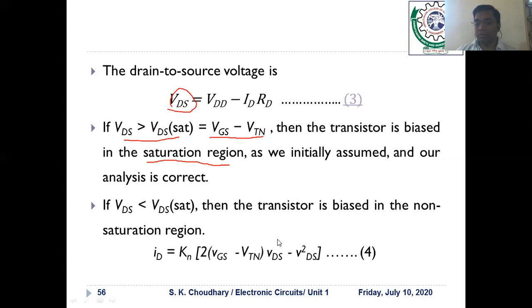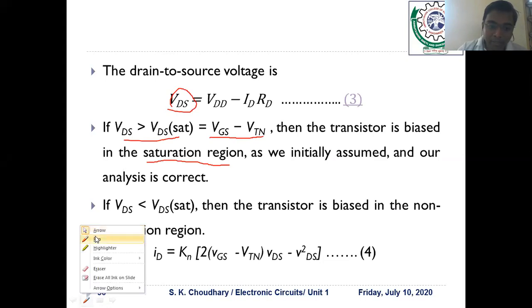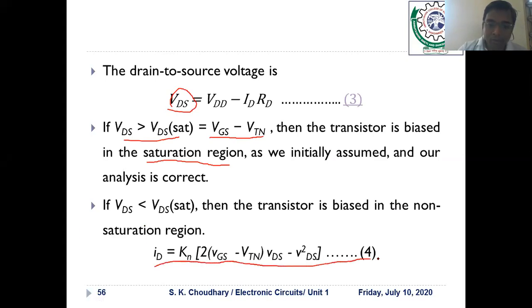This is the current formula for the non-saturation region. These two formulas, for the saturation region and the non-saturation region, are very important. If you do not remember them, you can't solve the numerical, because if your assumption is wrong, you have to find the current again.